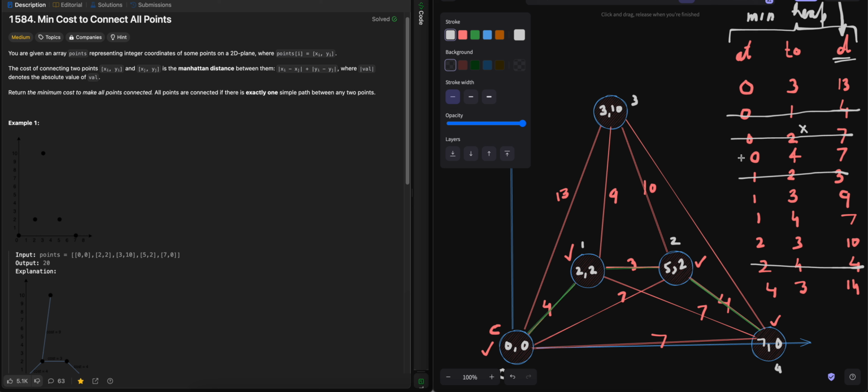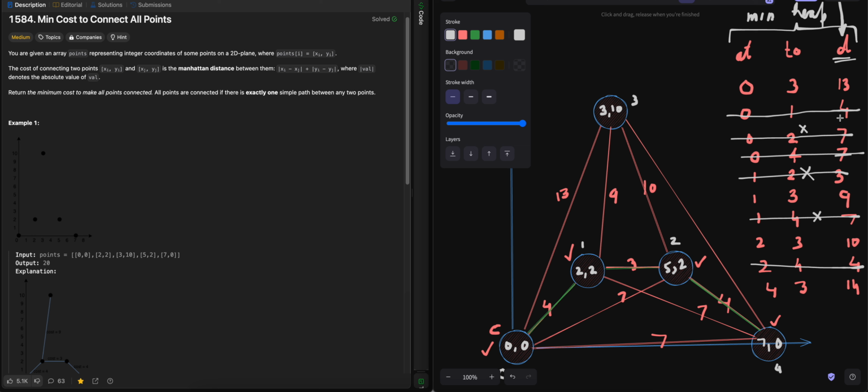Then 0 to 4, which also has a minimum distance, but 4 is visited, so we cannot take this one. Next is 1 to 4, but 4 is again visited, so we cannot take this one again.